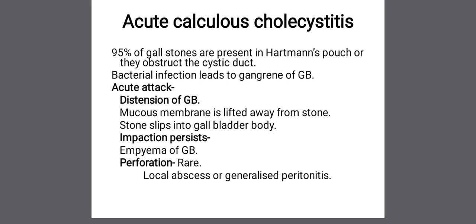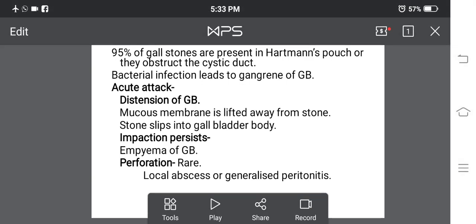Then in bile duct, the complications are obstructive jaundice, cholangitis or acute relapsing pancreatitis. And in intestine, the complication is acute intestinal obstruction.